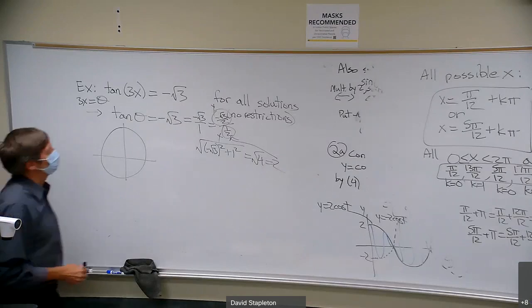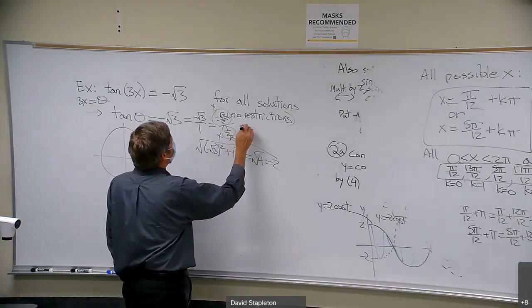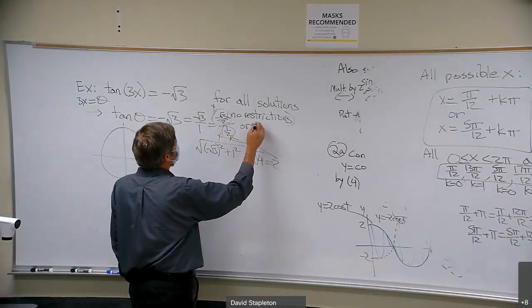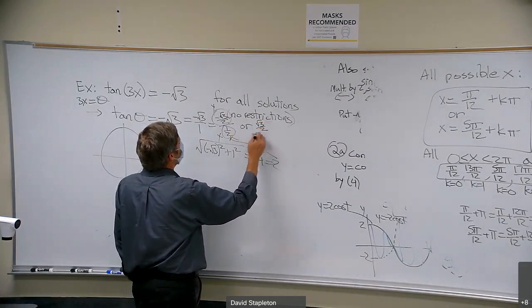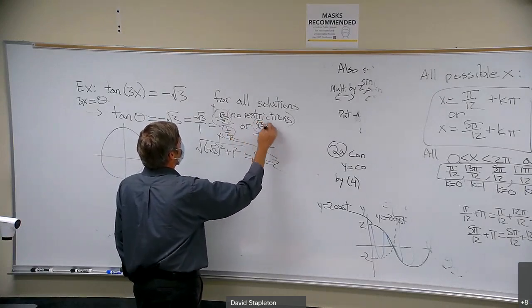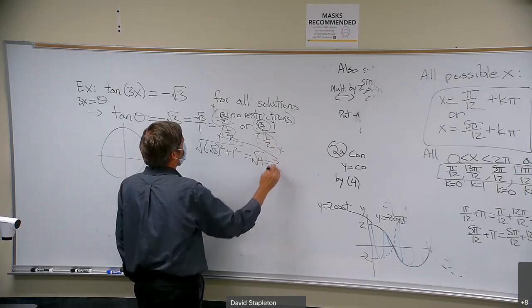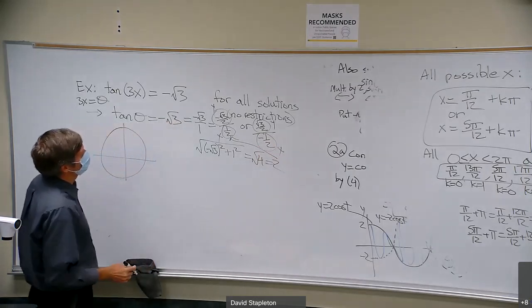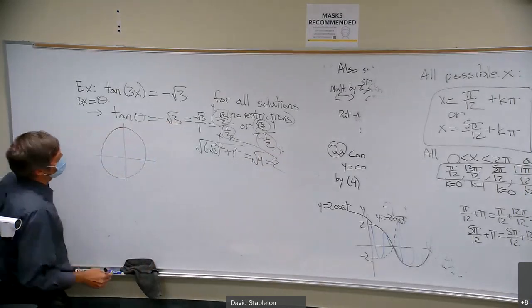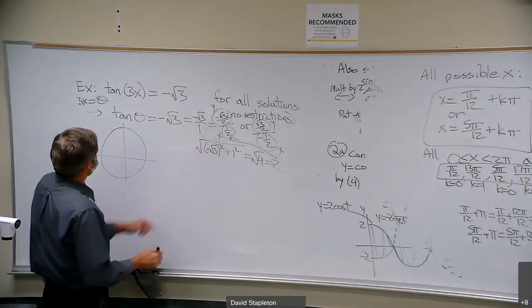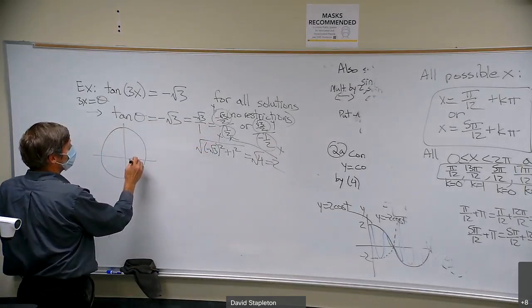Or one more choice, right? I could take minus this one over minus this one and get plus square root 3 over 2 over minus a half. And this could be y and this could be x. And they're both viable solutions, right? There are 2 points on the unit circle that have that. So suppose x is a half and y is minus square root 3 over 2.